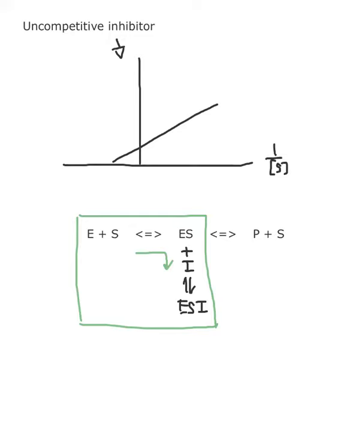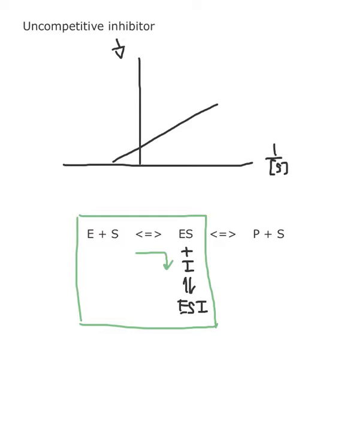So that means that enzyme substrate complex is forming easily because the inhibitor would like to bind to enzyme substrate complex, so it will induce the formation of enzyme substrate complex.